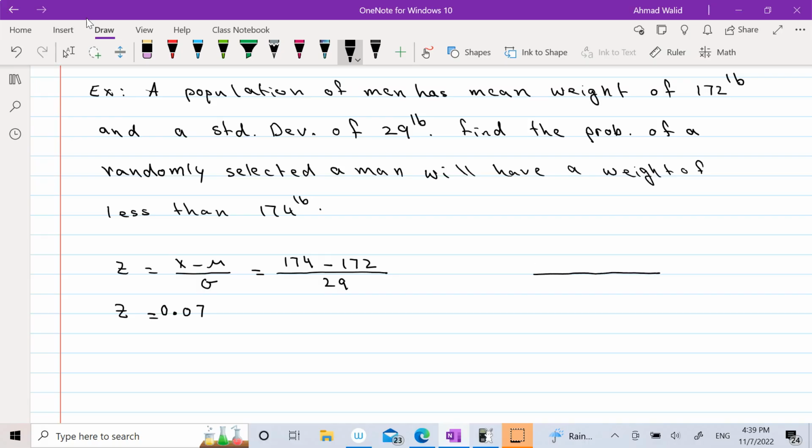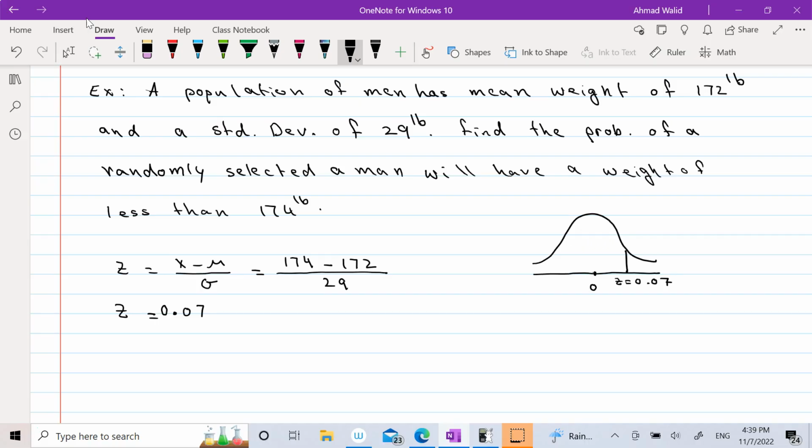Picture means your normal distribution graph, correct? This is my graph. Always mark 0, correct? And mark 0.07. 0.07 will be, of course, on the right of your 0, which is your z-score, correct? On the right side.